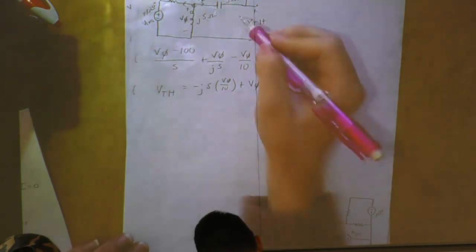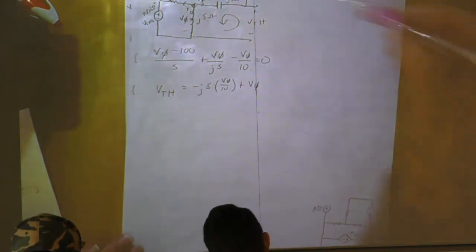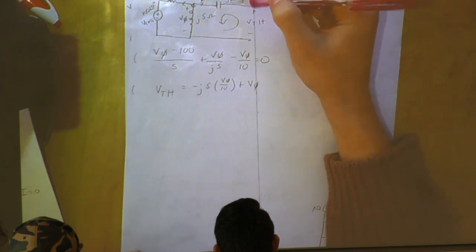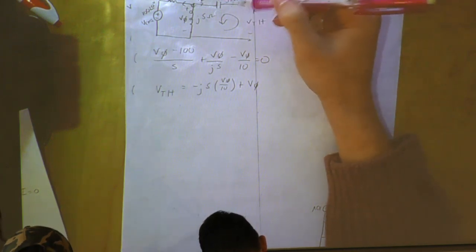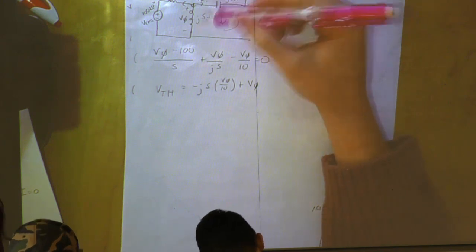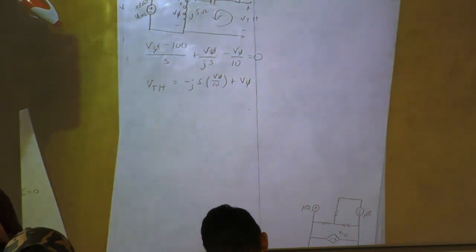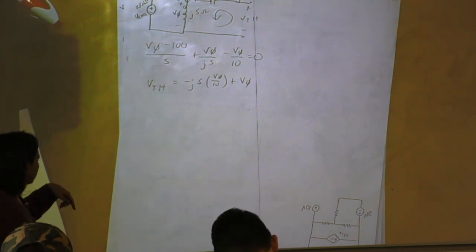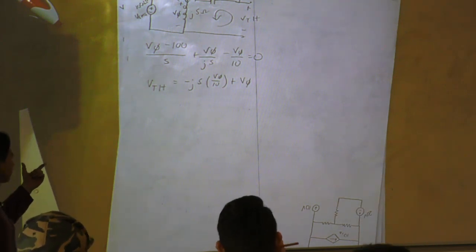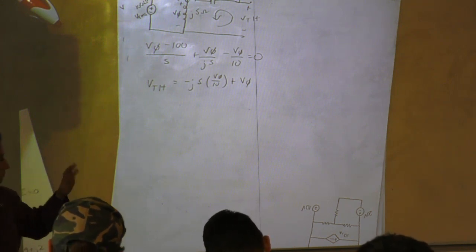I just did a KVL here, so negative V_TH plus, we know the voltage because it's the current times the capacitor, and then plus our V_P. Does everyone know? You did that to find V_TH. Yeah, I needed an equation to connect them.